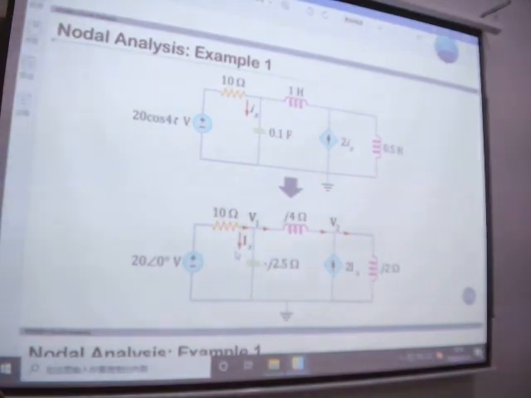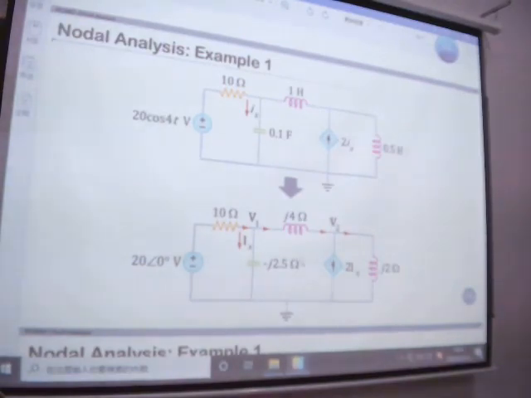For nodal analysis, we know the first step is always to choose the reference node. We can see the reference node is selected here. And now we are going to select V1 and V2 as the nodal voltages.